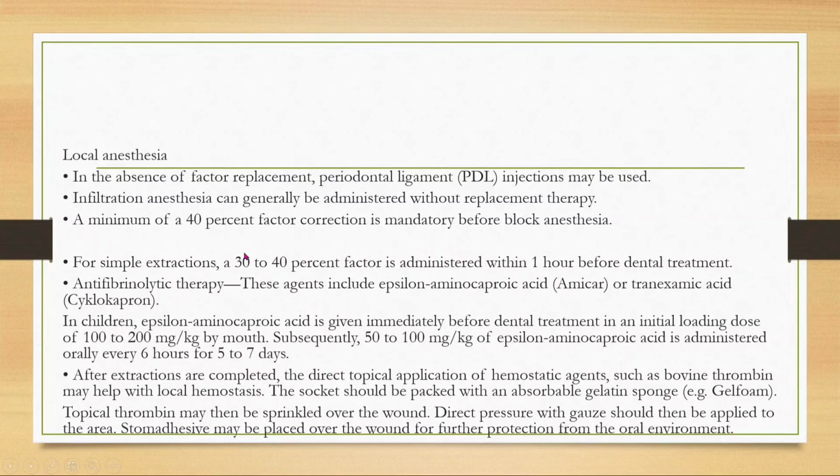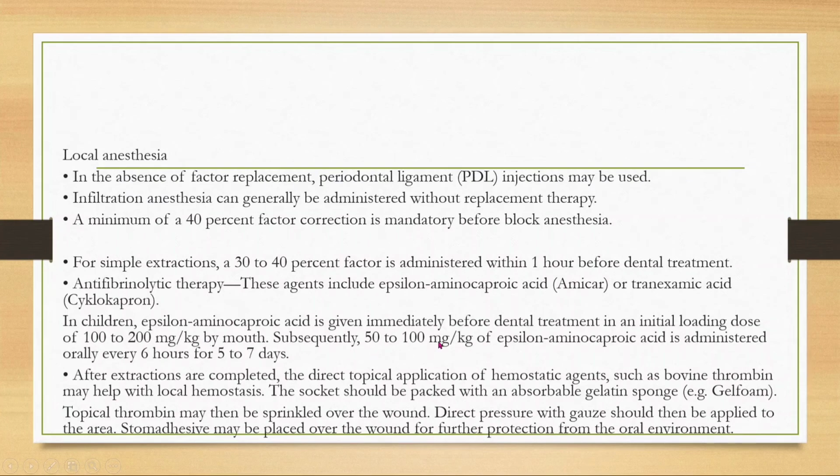For simple extraction, 30 to 40% factor is administered within 1 hour before dental treatment. Antifibrinolytic therapy should be used; these agents include epsilon aminocaproic acid or tranexamic acid. In children, epsilon aminocaproic acid is given immediately before the dental treatment in an initial loading dose of 100 to 200 milligrams by mouth.